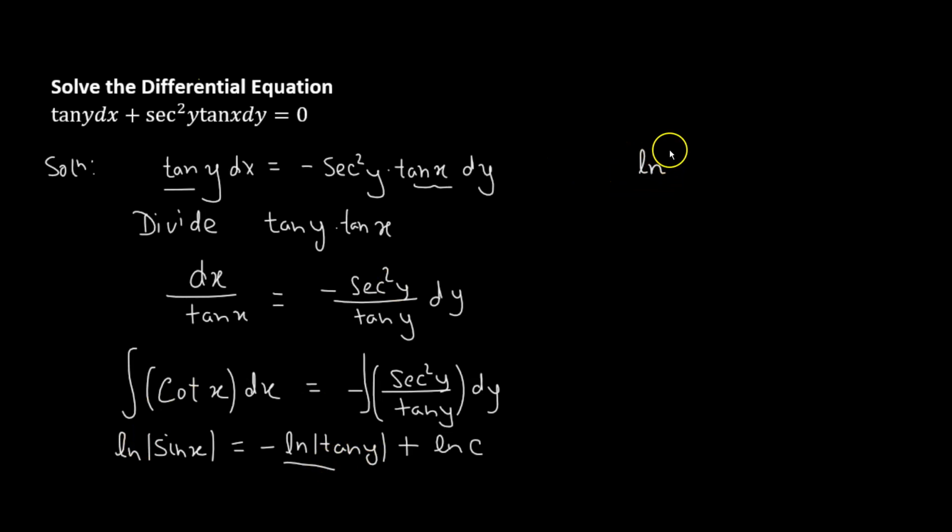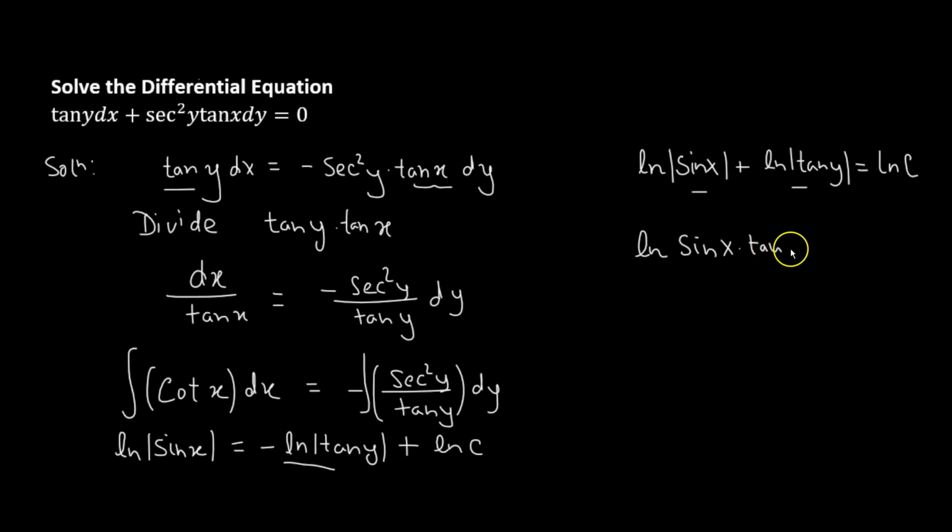So we have natural log of sine x plus natural log of tangent of y equals log of c. Here we can combine these two terms as log of sine x times tangent of y, using the property of logarithms, which equals log of c, and getting rid of the logarithm gives us finally sine x times tangent of y equals c.